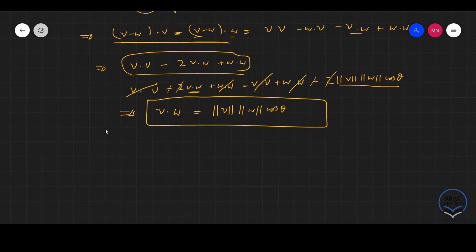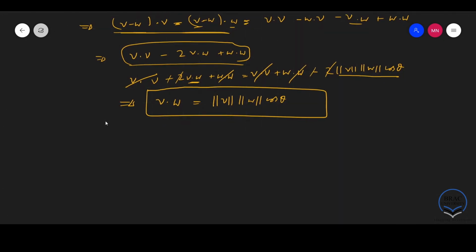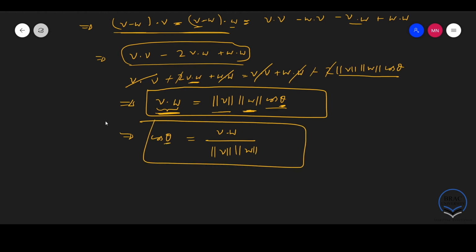So we can say that the dot product of these two vectors will just be equal to the magnitude of v, magnitude of w, times cosine of theta, where theta is the angle between these two vectors. And we can just rearrange this to find the angle. So cosine of theta will be the dot product of v and w divided by their magnitudes, right? So from this we can find our angle theta.